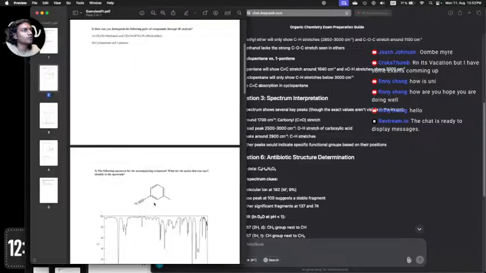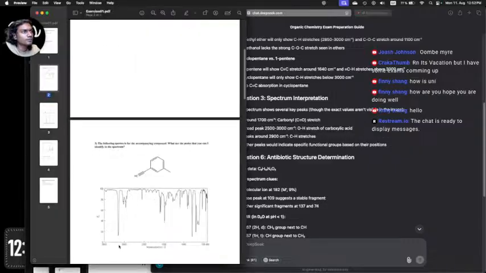Around the, this would be 3,300 ish, and this would be 2,900 ish, 3,000, 1,500 ish, 800, 700. Oh, that's a lot. The following spectra is an unknown compound. What are the peaks that you can identify in the spectrum?